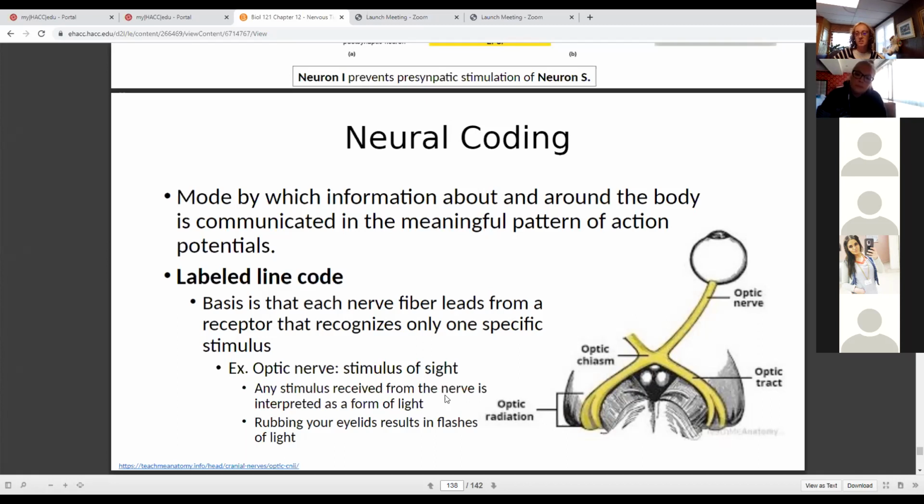Does that make sense? The receptor is being stimulated by pressure, but the optic nerve only recognizes signals of light. And so it's trying to interpret that as a symbol of light. And it just doesn't work very well, because you can't do that.